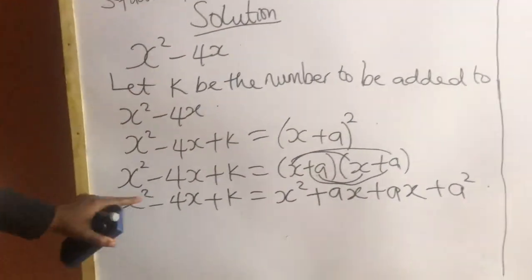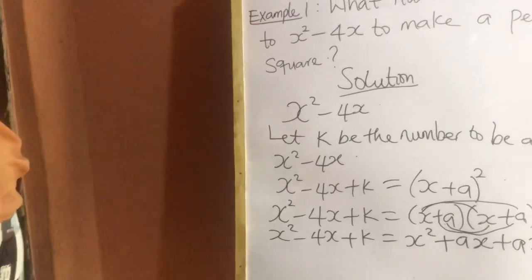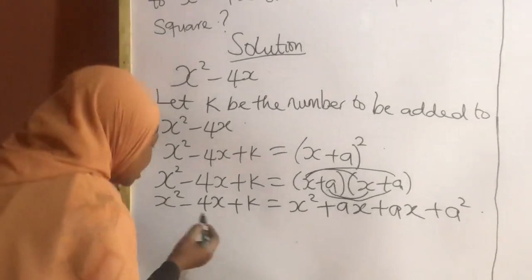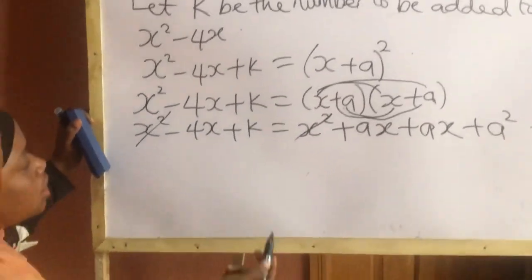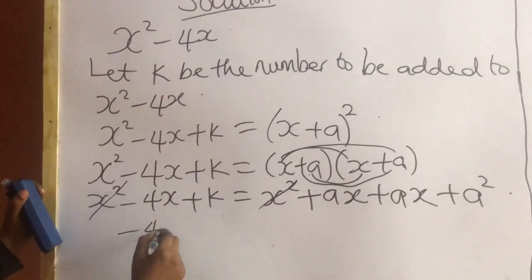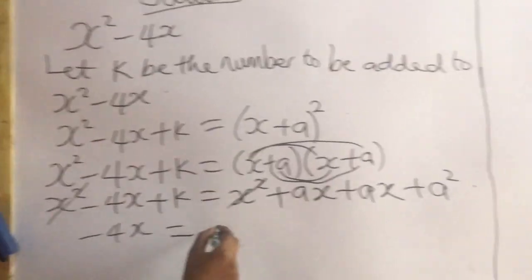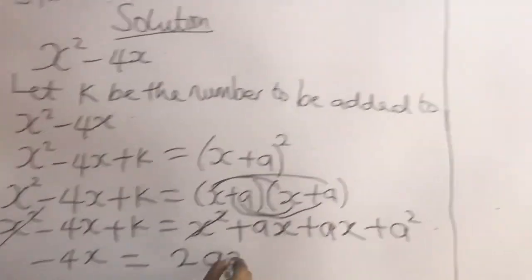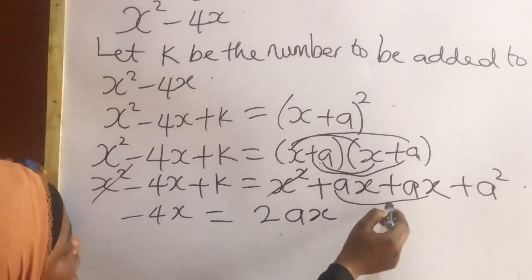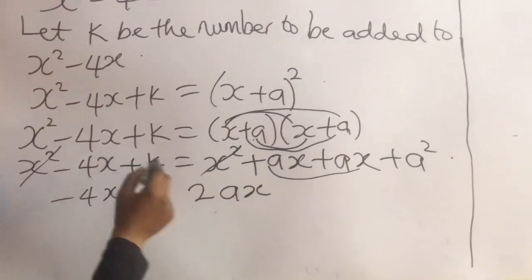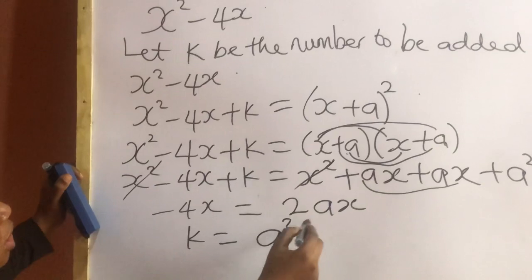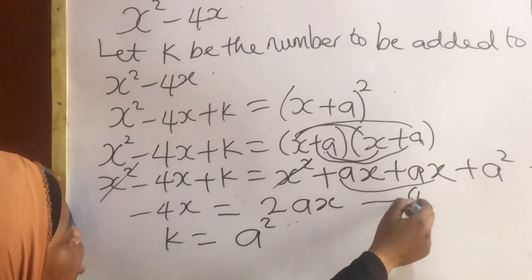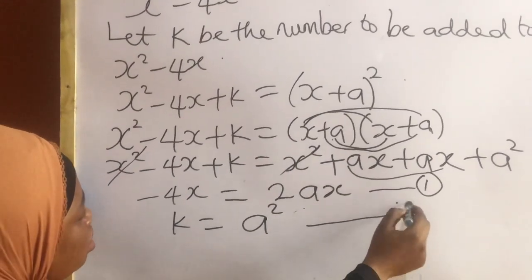Now, you have to equate the two sides. Here we can see that x squared will cancel x squared. So minus 4x is the same thing as 2ax, adding the two ax terms together. And here, k is the same thing as a squared. So let's call this one equation 1 and this one equation 2.